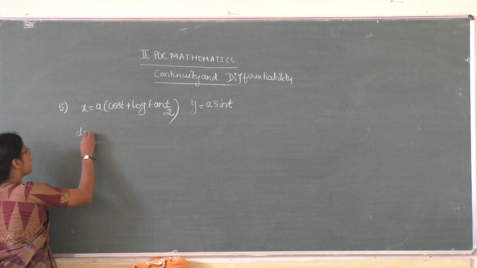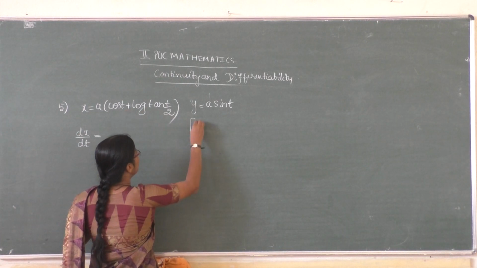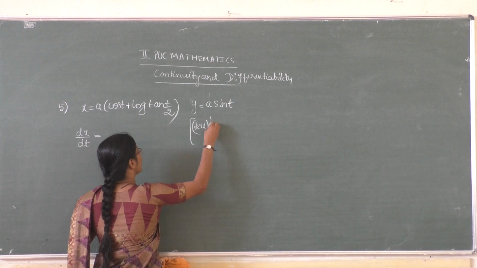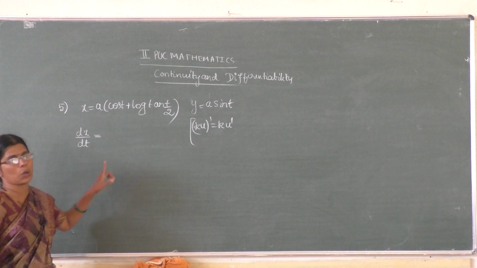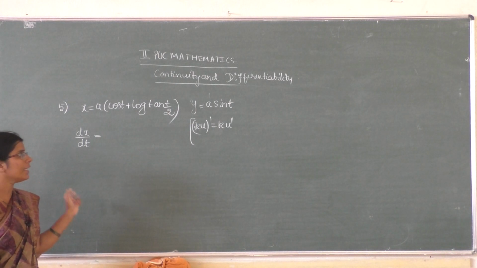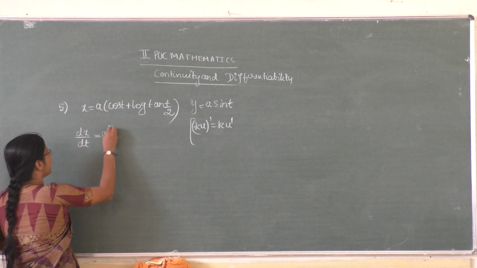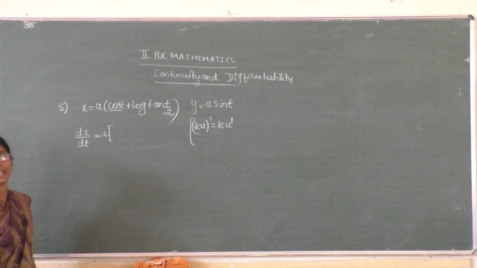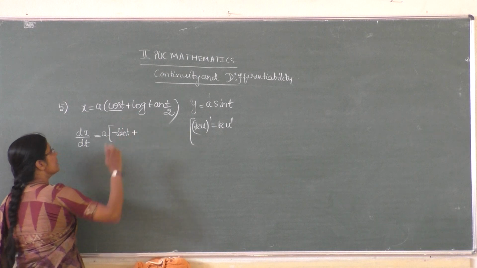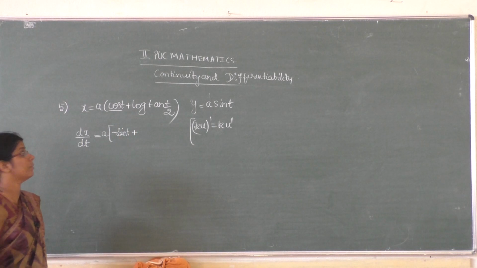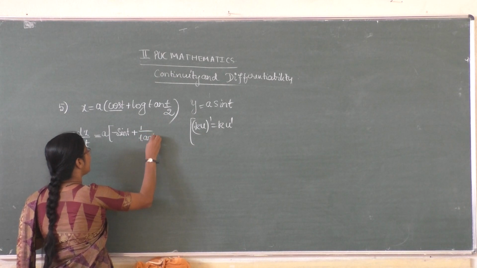So dx by dt: here it is constant into function, that is nothing but constant into derivative of the function. So a, the constant, into derivative of cos t, that is minus sin t, plus derivative of the logarithm, log tan t by 2, that is 1 by tan t by 2.